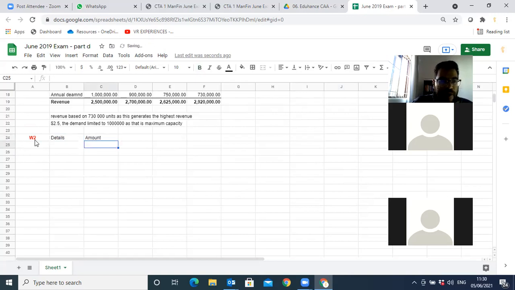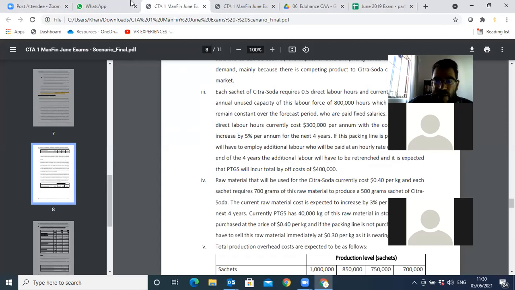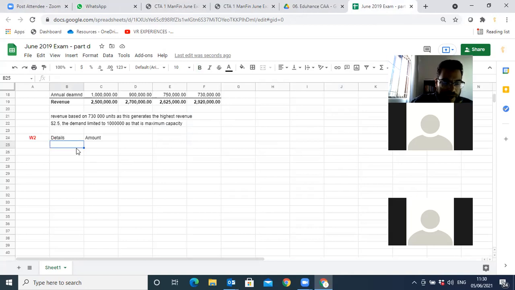Okay, so remember, what did I just read? Labor hours, each sachet, labor hours per unit. So here we have labor hours per unit, which is 1 sachet. So it was 0.5.